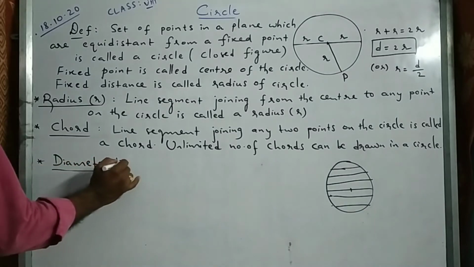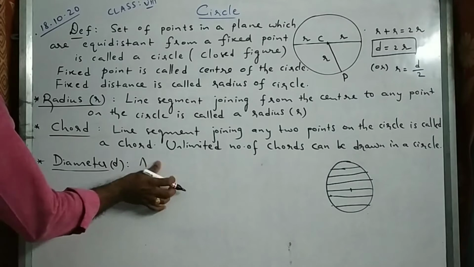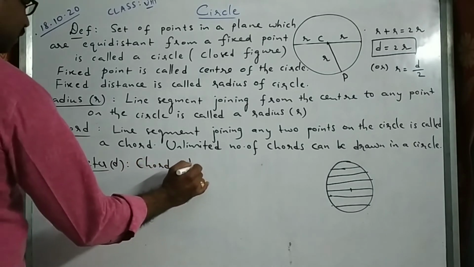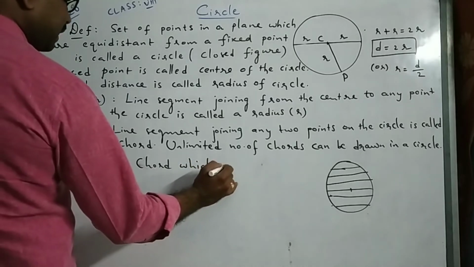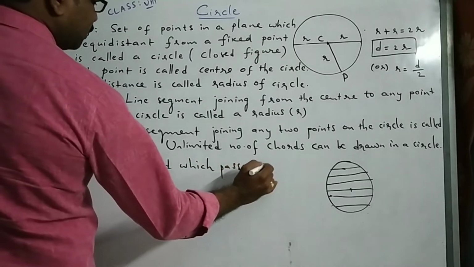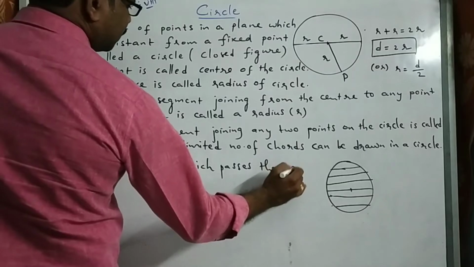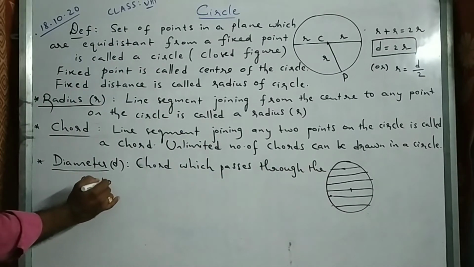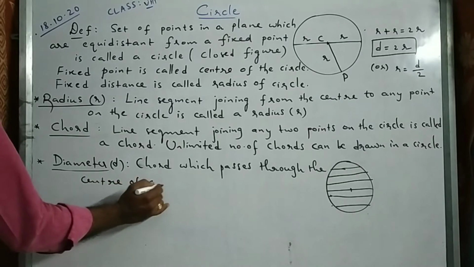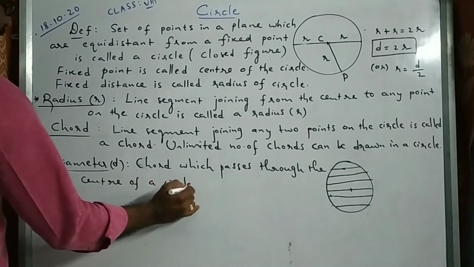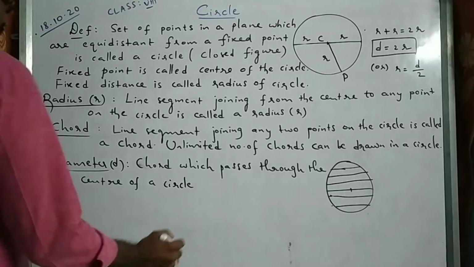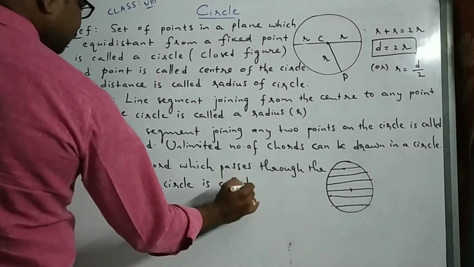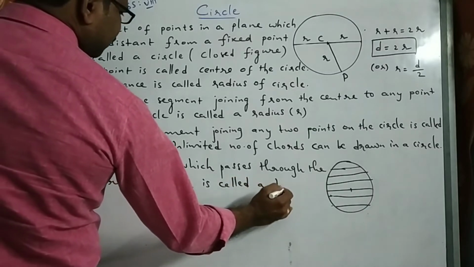Diameter definition: a chord which passes through the center of a circle is called a diameter.